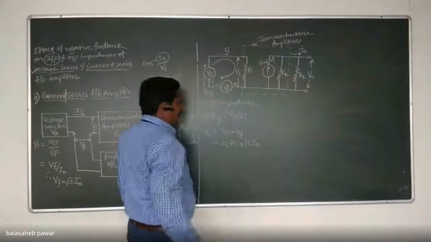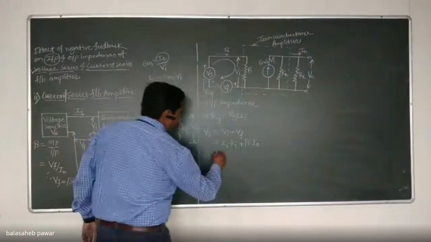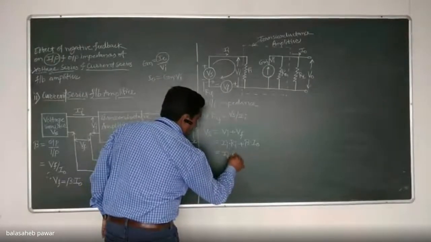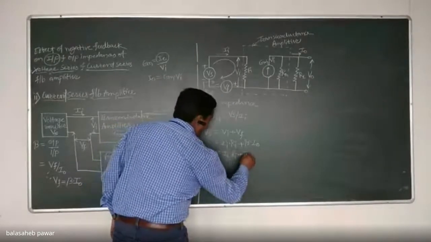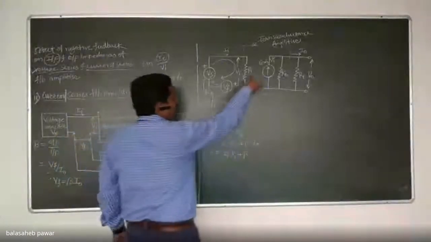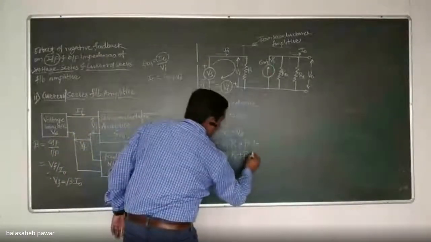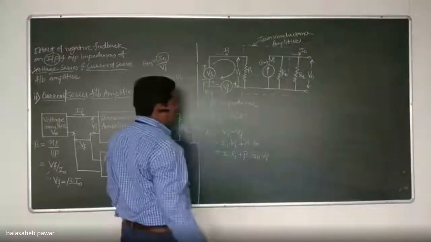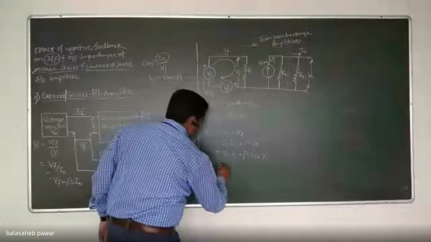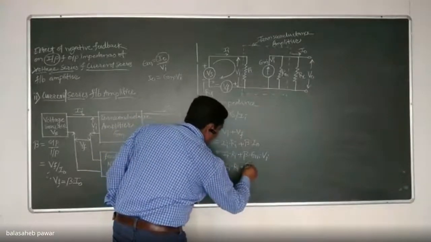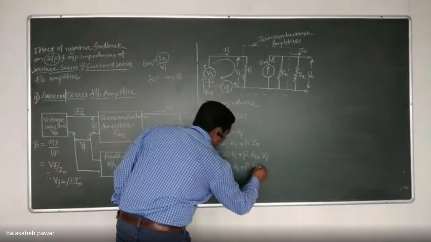Is it correct? That is equal to, note down this first term as it is, that is II into Ri plus beta times, what is IO? IO is nothing but GM into VI, right? That is equal to II into Ri plus beta times GM into this VI.